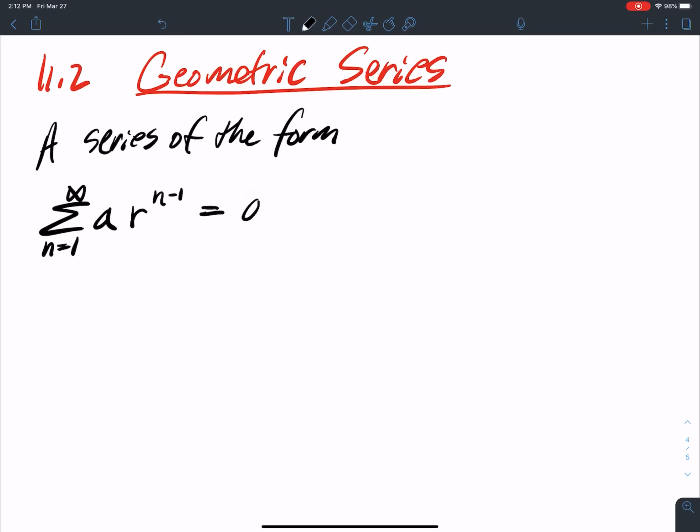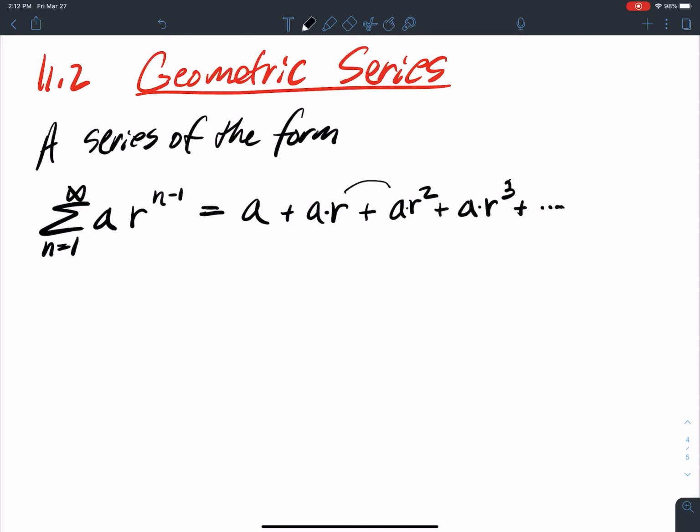It would be a. If I plug in 1, I get 1 minus 1, which is 0, so that first r goes away. Plus a times r, plus ar times r again gets me r squared, plus a, and then r squared times r again gets me r cubed, and so on and so forth. What's happening here?